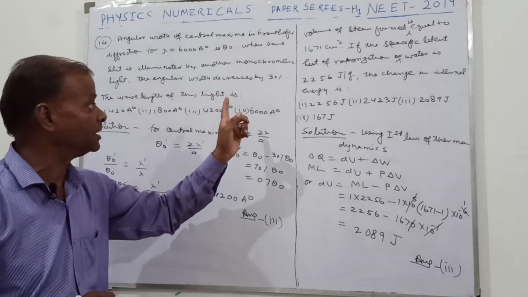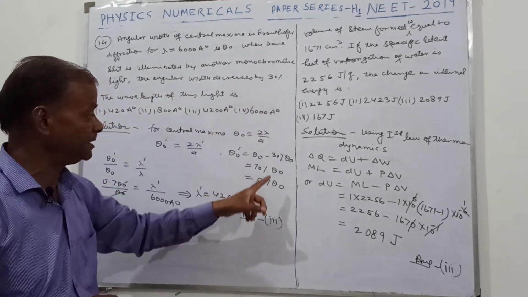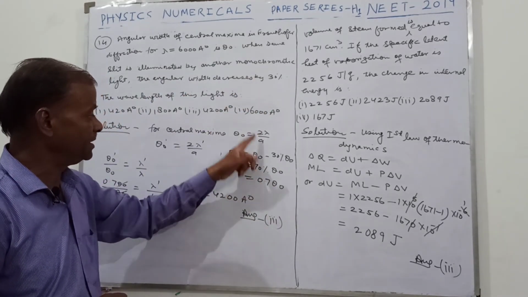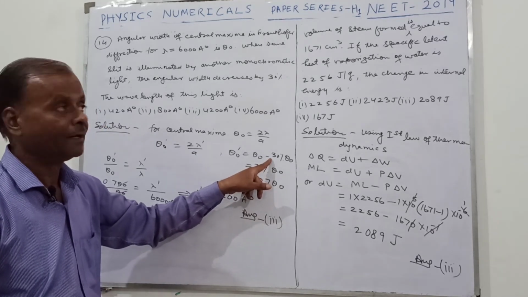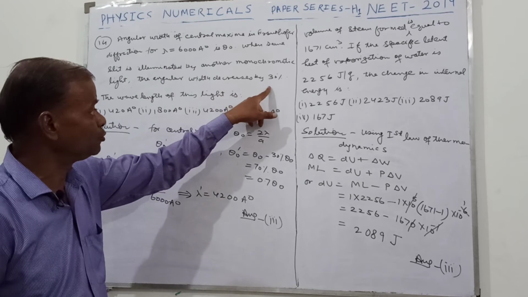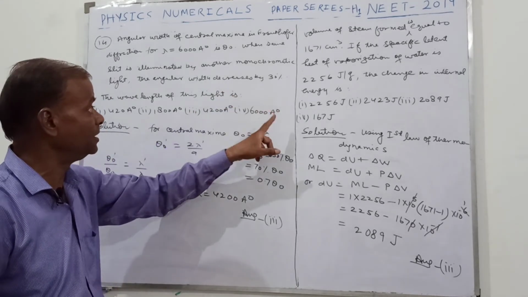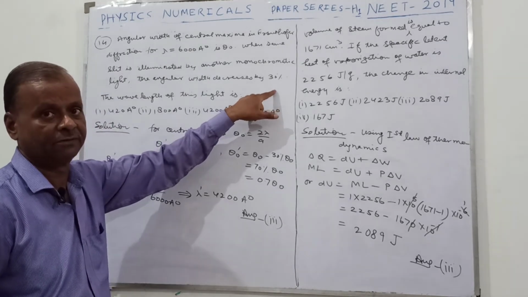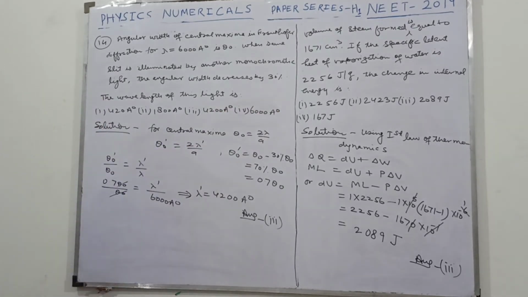Whenever you are given decreases or increases by, then you just add or subtract: if decreases, then take minus, if increases, then take plus. If it is given decreases to or increases to, it means that only this much value is left. This is the difference to understand in the language of the question.